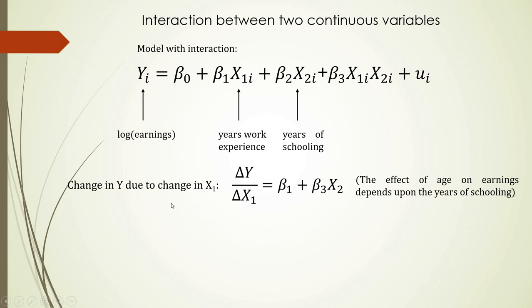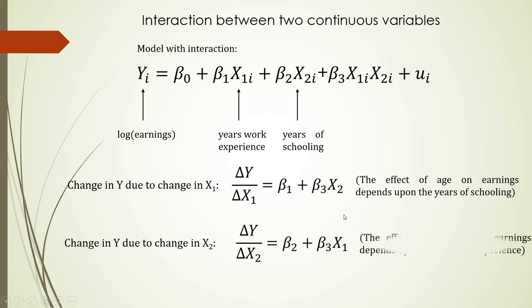So this is the change in y due to change in x1, but it is influenced by x2. The effect of experience on earnings depends upon the years of schooling. The change in y due to change in x2 will be the opposite: the effect of schooling on earnings will depend upon the years of experience.